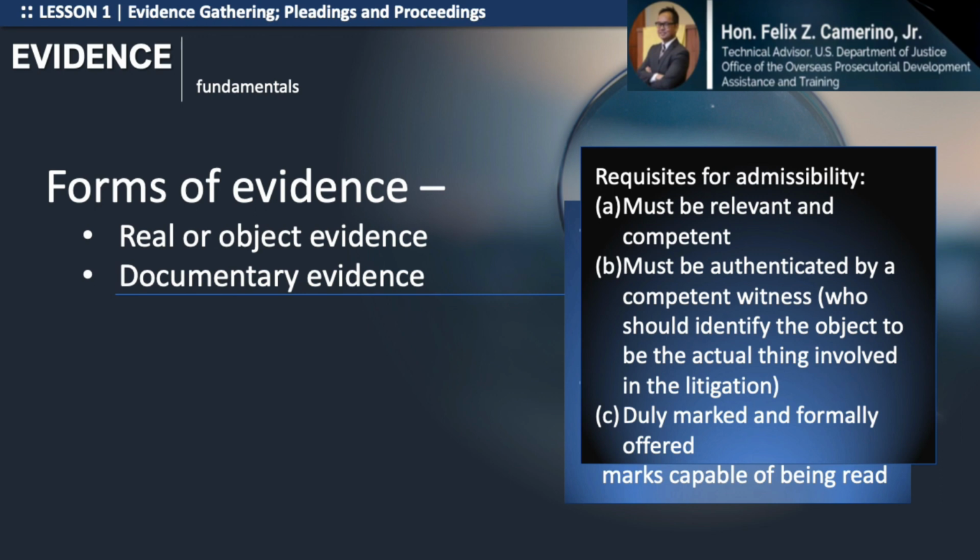Since the evidence is in the U.S., here in the Philippines, the investigators, or in some cases the prosecutors, would go through the proper channels to the Philippine DOJ to request an MLAT request, a mutual legal assistance treaty request.